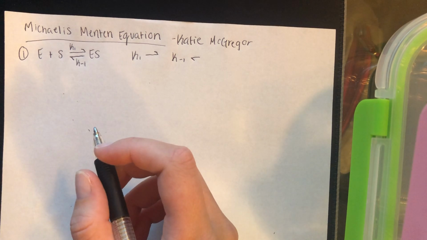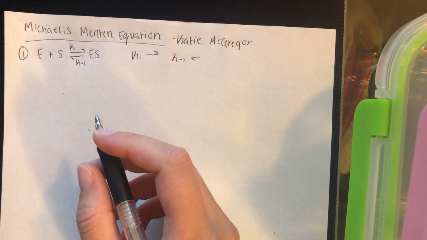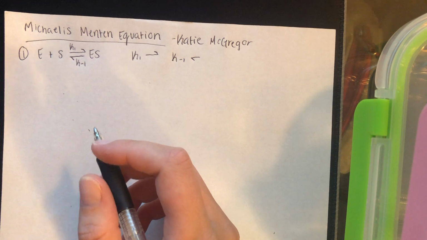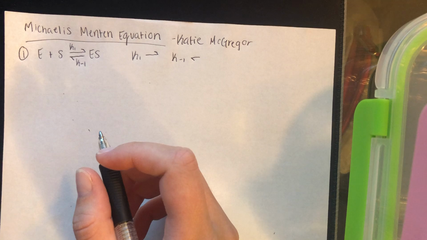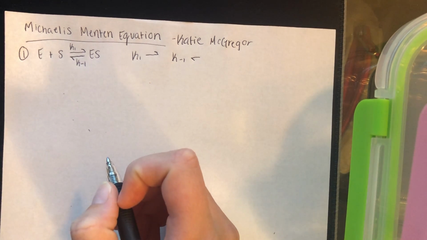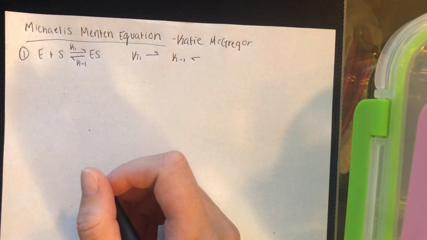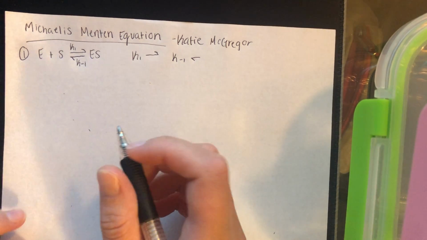The second step is where the enzyme substrate complex breaks apart into the enzyme and the product. And this only has one arrow, as there is not enough product created to allow a backwards path to happen. And so the K2 indicates the reaction moving in one direction without the ability to reverse.